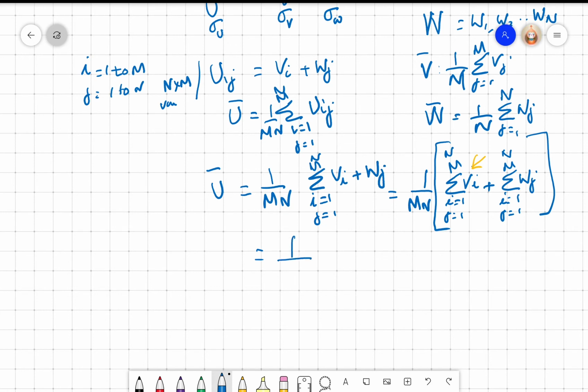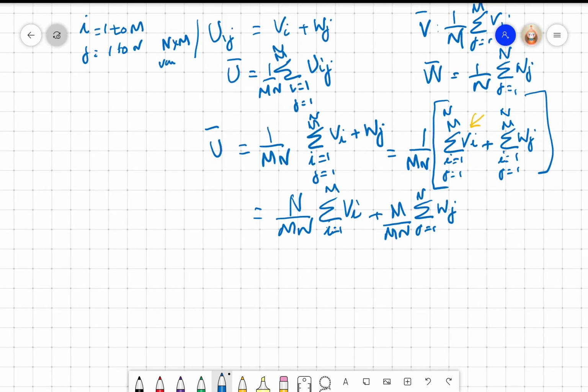So I can rewrite this as 1 by Mn times sigma Vi, sigma Vi, I equal to 1 to M. Similarly, this would be M times sigma j equal to 1 to N Wj, right? Again divided by Mn, because Mn is common for both.